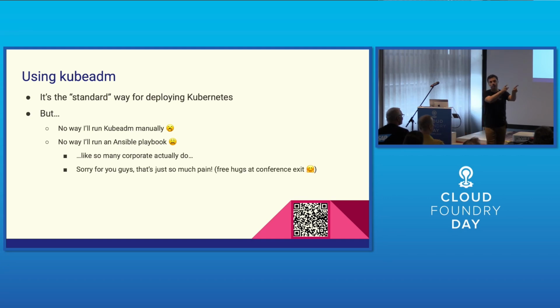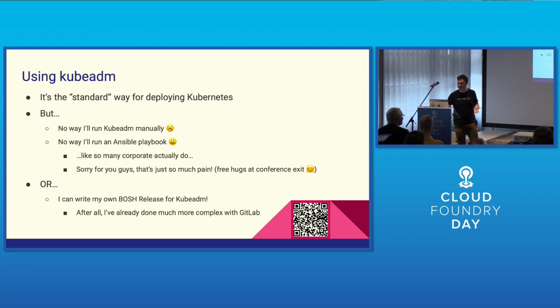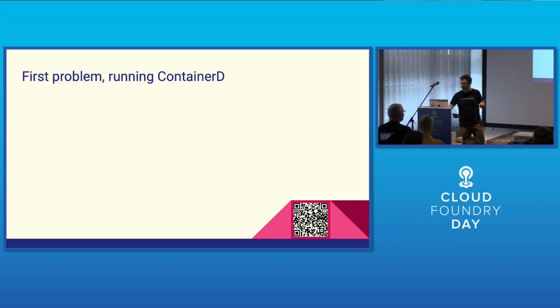I can provide free hugs at the exit of this conference for people experiencing that pain. Or I can write my own Bosh release for kubeadm. After all, I've done much more complex things with GitLab, and I said it was easy back in May.